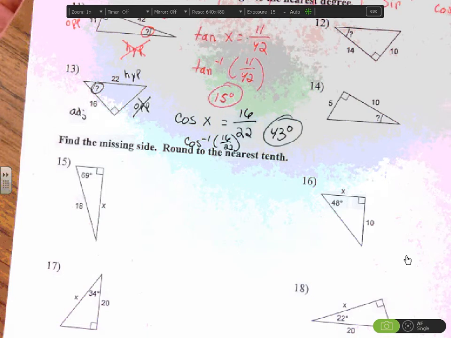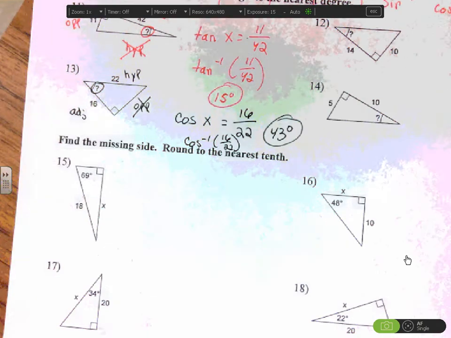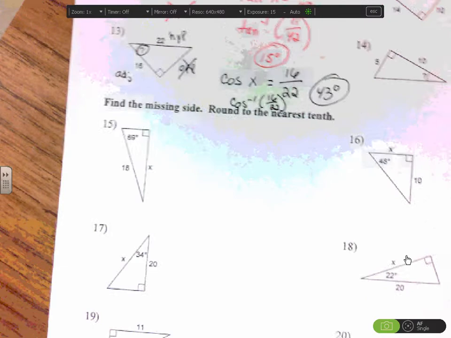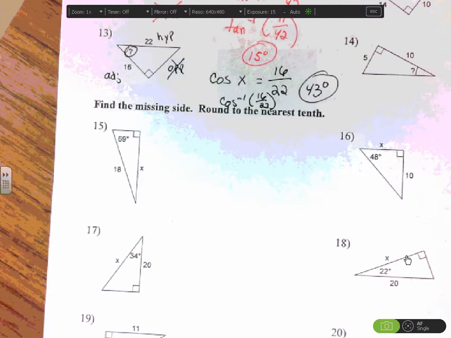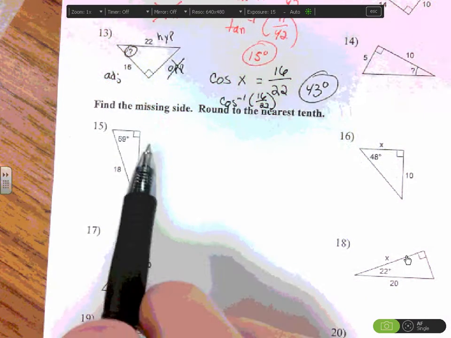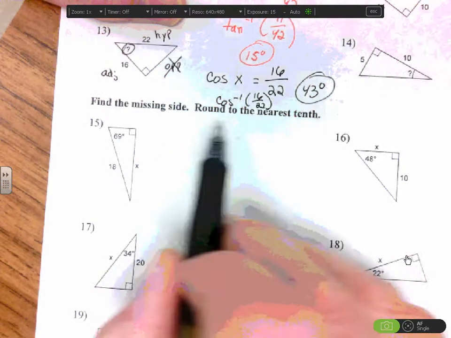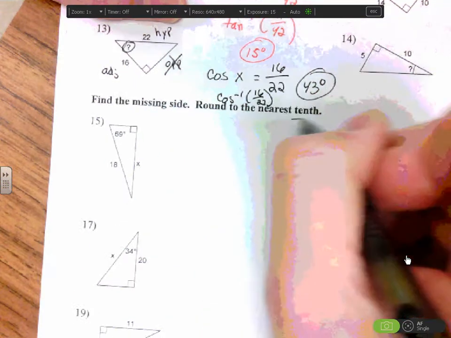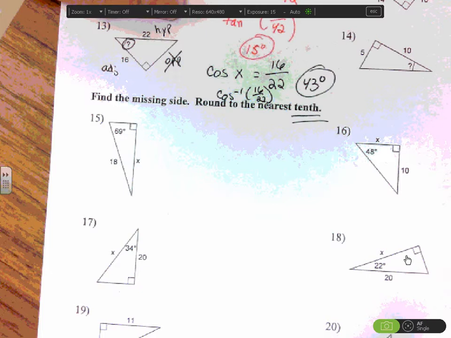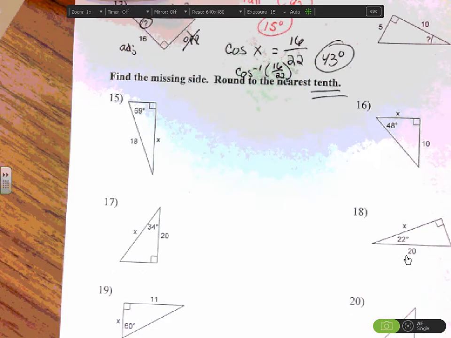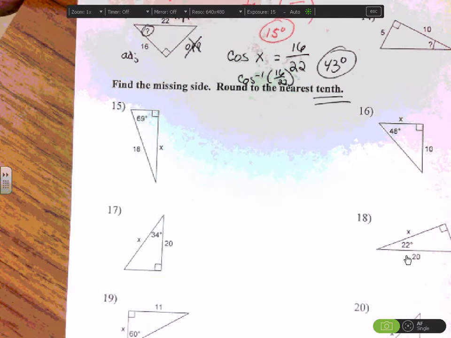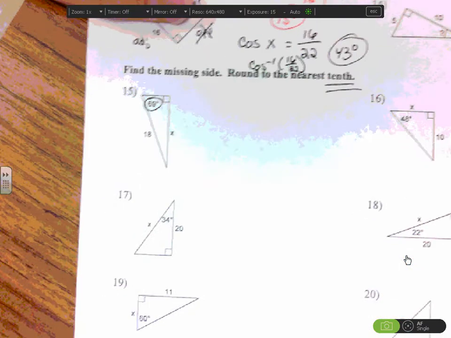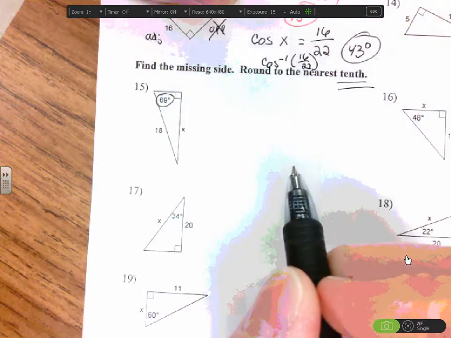All right, number 15. 15 says, find the missing side, round your answer to the nearest tenth. We're going to use this 69 degrees.